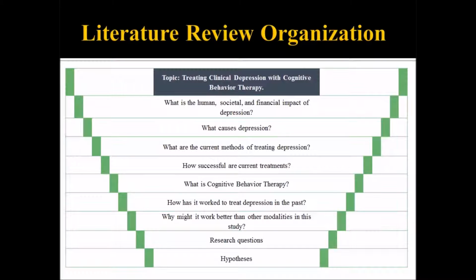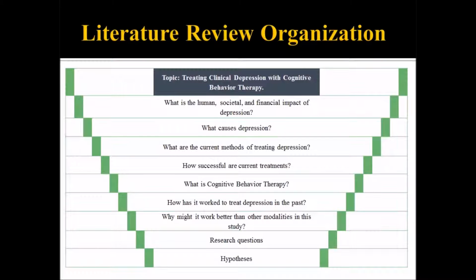So you're going to have groups of paragraphs. Each paragraph isn't necessarily going to be more narrow or more specific to your research questions and hypotheses than the one before it. But generally, each group of paragraphs, as you've grouped them, will move from broad to narrow.